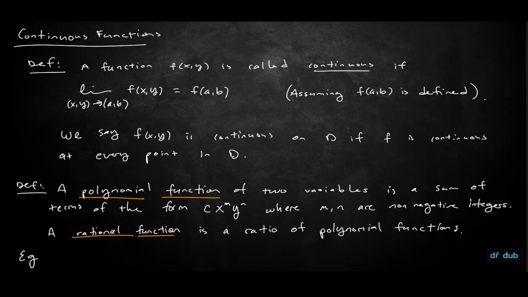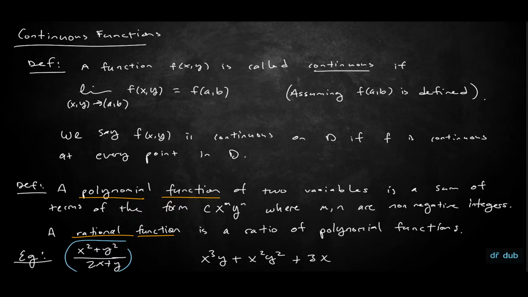For example, you might see something like x squared plus y squared over 2x plus y. That'd be a rational function. Could have something like x cubed y plus x squared y squared plus 3x, and that would be a polynomial.